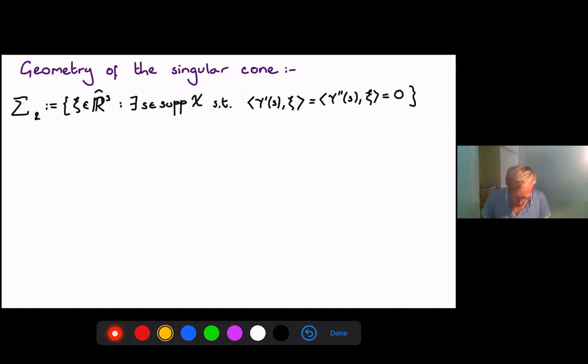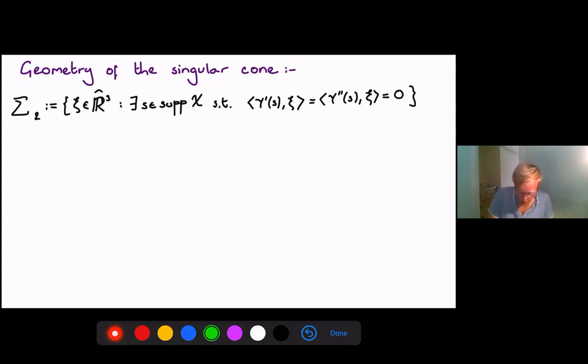So this is just recalling the definition of sigma 2. It's the points xi in R3 that admit a degenerate critical point. If we're working with an arc length parameterization of our curve, then we can understand these conditions in terms of the Frenet-Serret frame on the curve.